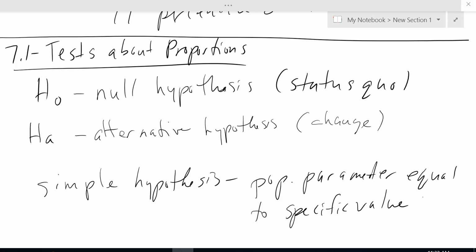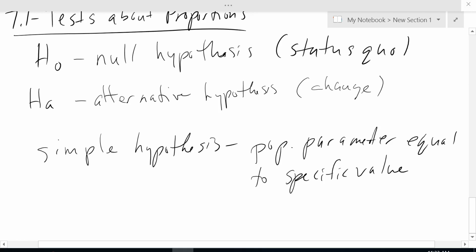Or another idea: someone thinks that 70% of the people in the country approve of the job Congress is doing, and you want to refute that statement. So you take a new sample and refute that statement. Yeah, that's the idea. All right. So just to write this down again, your simple hypothesis is equal to a specific value.